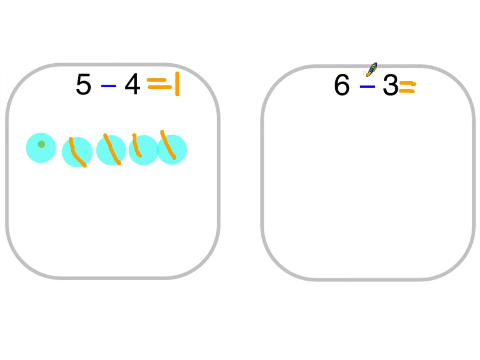Start with, take away this many, find out how many are left. Start with 6. Take away 3. Doesn't matter which 3. It matters, though, that you do it in a row. Makes it easier. 3 left over.